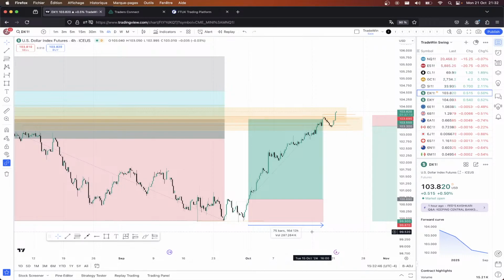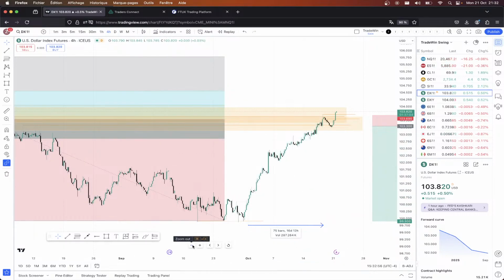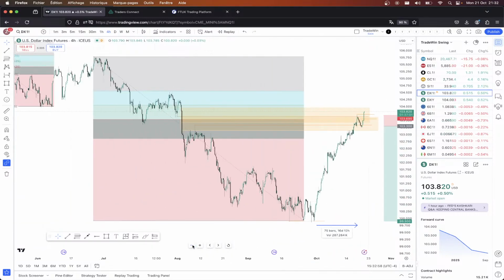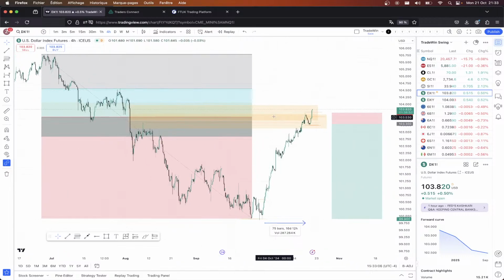I don't mind about holding my trades a very long time. Okay, that's the core of my strategy. So this didn't happen because I'm not here, but I'm definitely interested in this zone because, as I said, this is where I want to see the price rebound before getting even lower.